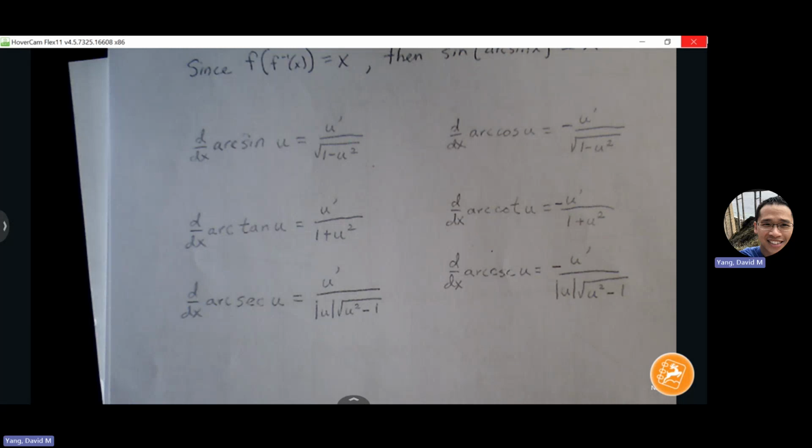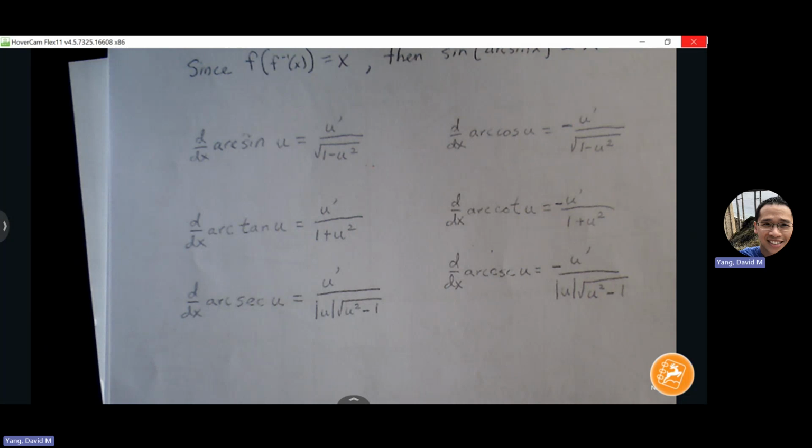We talked about how we want to start off listing out the parts that are all the same. Your numerators are all going to be the same, just u prime. The denominators all have 1 and u squared, right? The easiest looking one is arctangent. It's got the 1, the plus, the u squared.